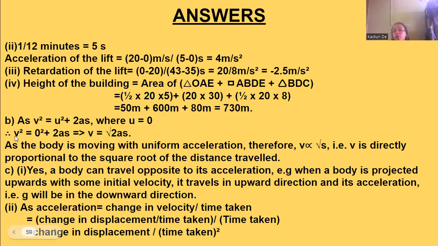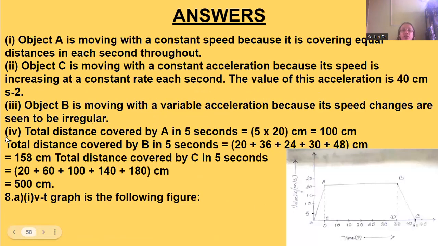So v square is equal to 2as, or v is equal to root over 2as. As the body is moving with constant acceleration, therefore v is directly proportional to root over s, the square root of the distance traveled. Okay, now next question.